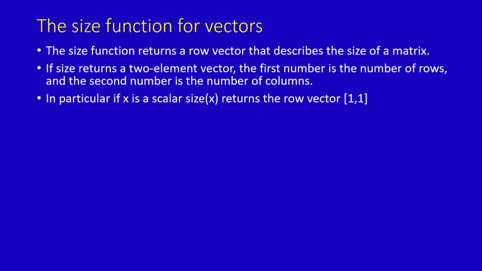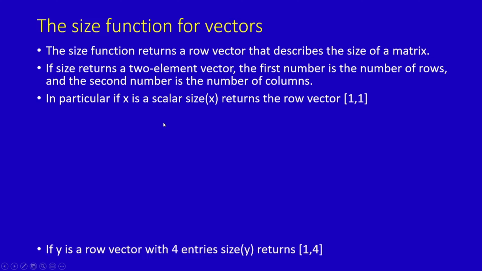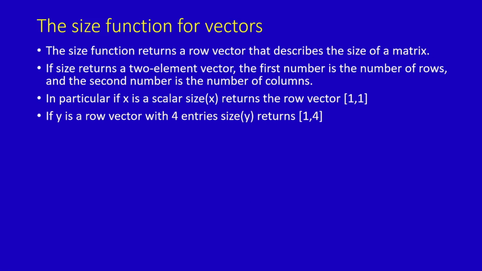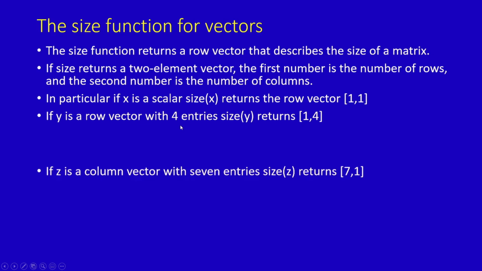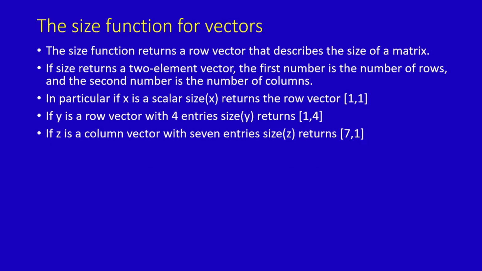In particular, if x is a scalar, size of x returns the row vector 1, 1, which means it has one row, one column. If y is a row vector with 4 entries, size of y will return 1, 4. For a column vector, here's one with 7 entries, size of that will give you 7, 1.